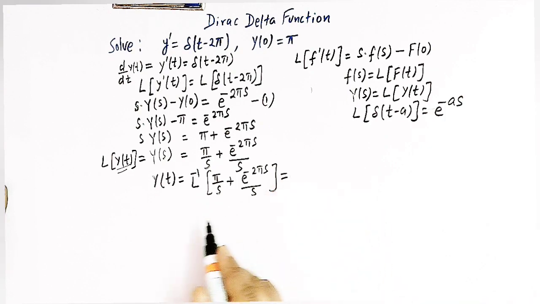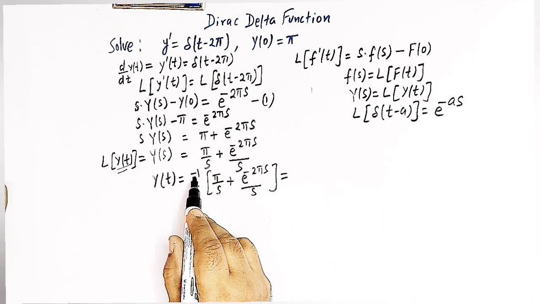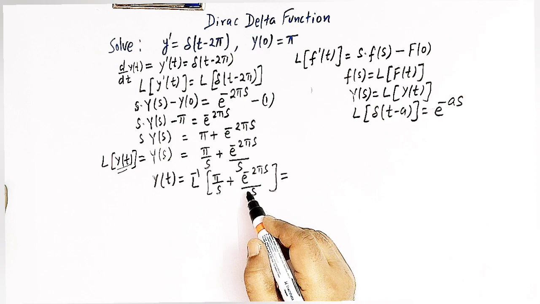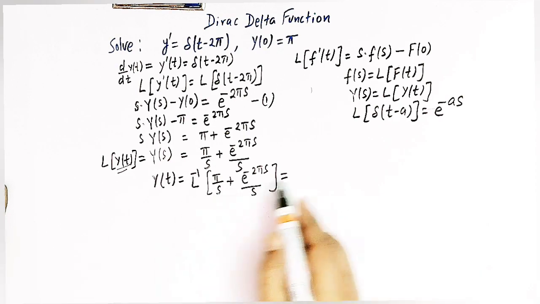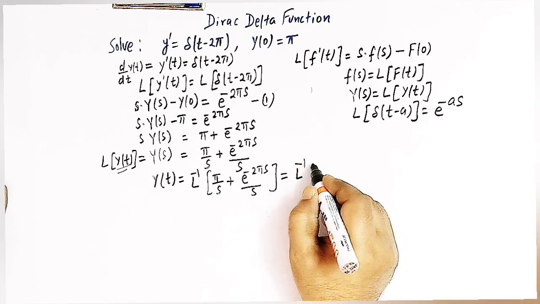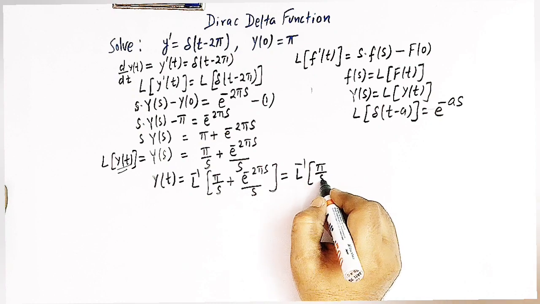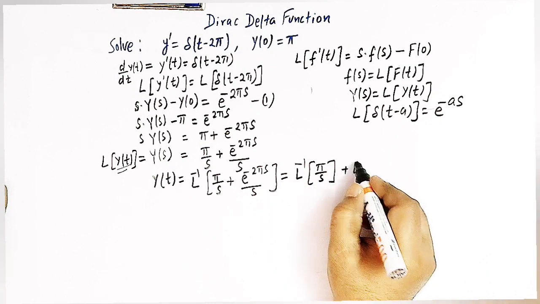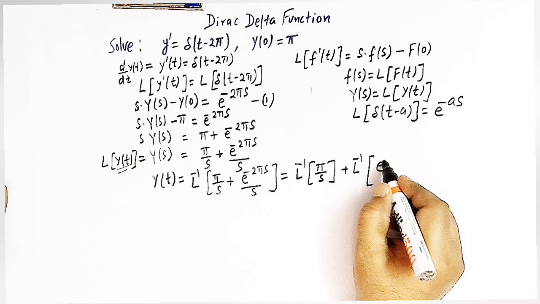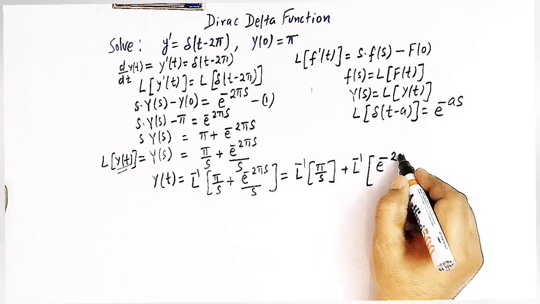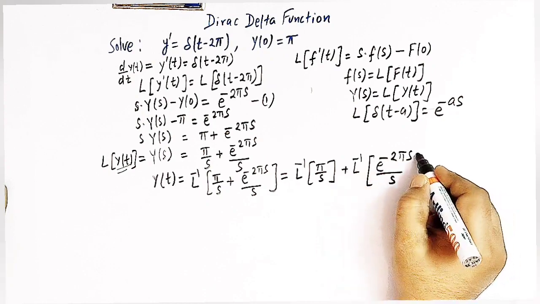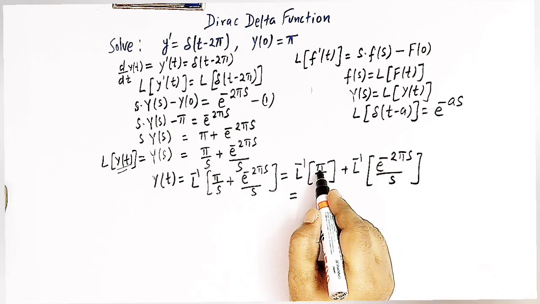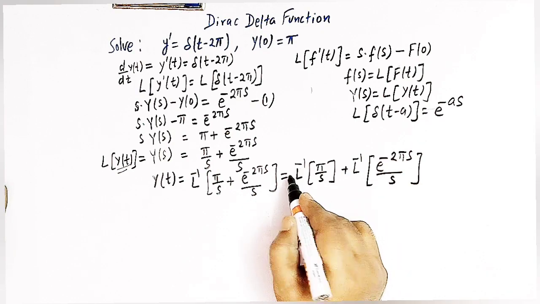So now the inverse Laplace transform follows the linearity property. So we can now write L inverse, and here we have pi over s. Then we have L inverse, and here we have e raised to minus 2 pi s over s, right? Now here we can take this pi outside.